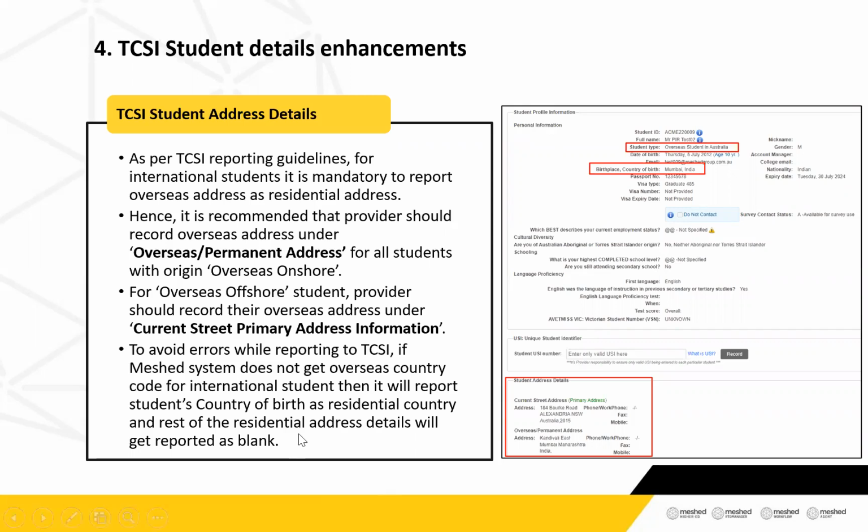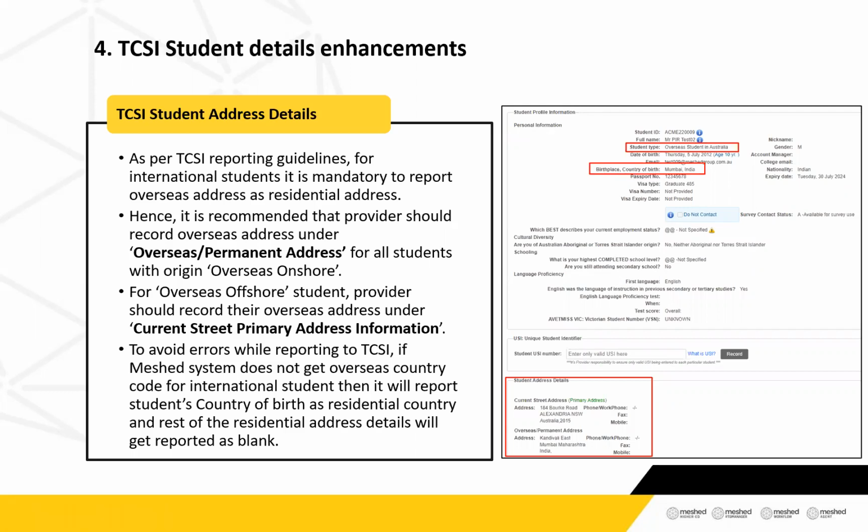Okay. From MEST system, we have added one enhancement. That is, if this data is not present, that means for an international student there are no details for the overseas address, and the system doesn't find an overseas country code while reporting, it will automatically use their birth country as the residential country and report it.